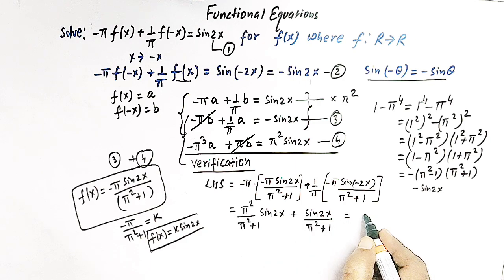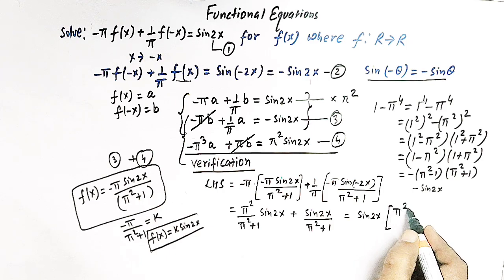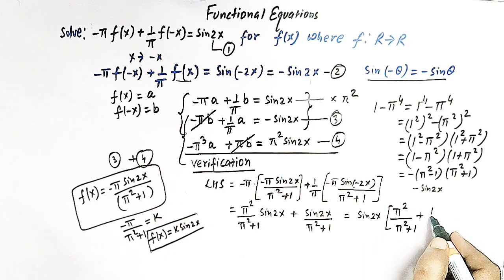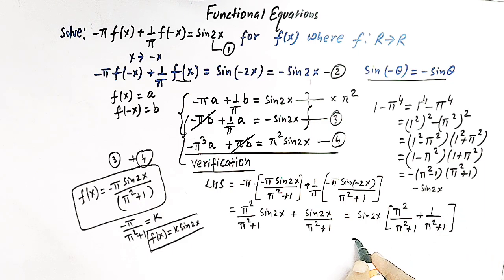So now taking sine 2x common, we have pi square over pi square plus 1 plus 1 over pi square plus 1. So this is sine 2x, and here we have pi square plus 1, and in the denominator we have pi square plus 1.